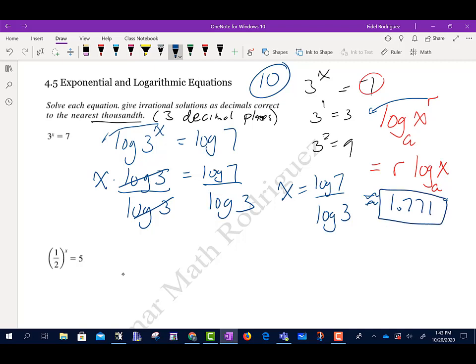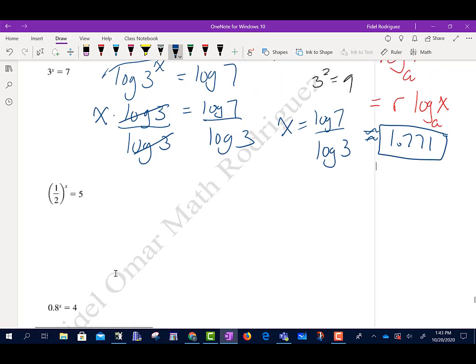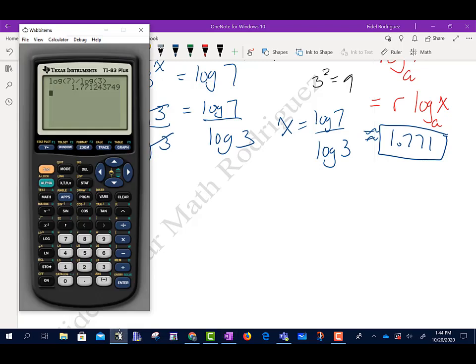I'm going to do the exact same thing in this next problem. Every exponential equation, I'm going to solve exactly the way we just did. Now, I wanted to mention something. Remember, my calculator can do 2 types of logarithms. It can either do the log, or it can do the ln. Which one do you use?